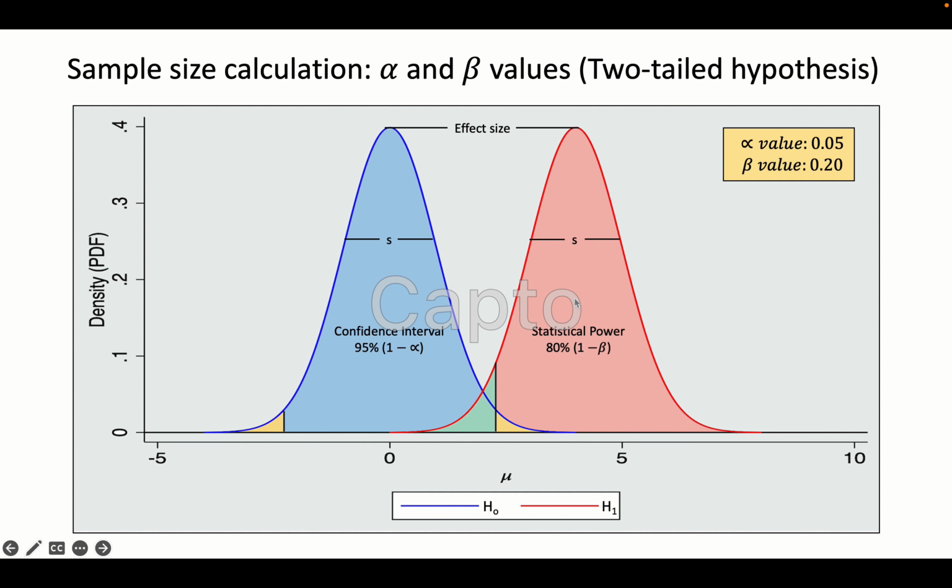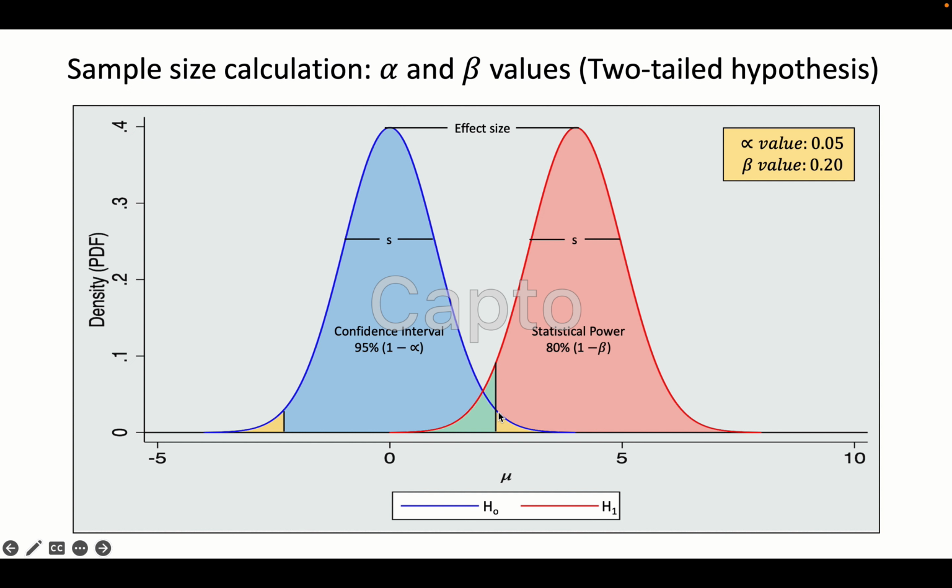So in this figure, the statistical power is given by the area under the curve represented in red, right? And the alpha value is represented by the area in yellow, which is here. And the beta, which is 1 minus the statistical power, is represented by this green area here, right? And the confidence interval is represented here in blue, right?